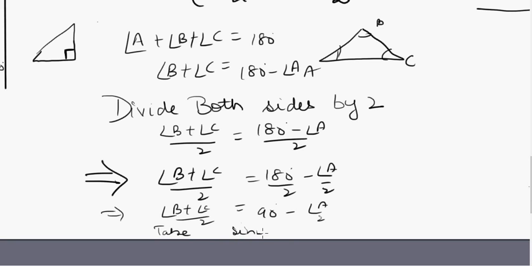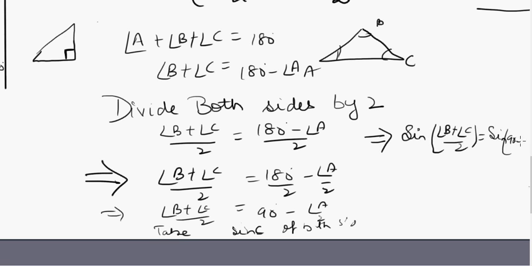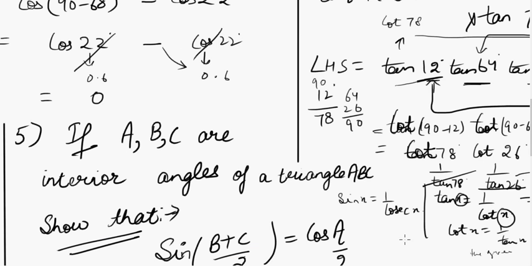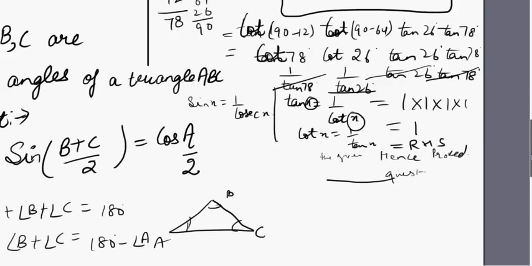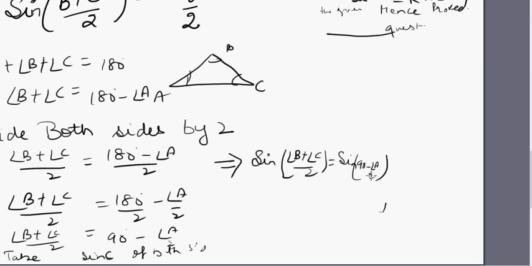Sine of both sides. We get sine of angle B plus angle C by 2 equals sine of 90 minus angle A over 2. So we know that sine of 90 minus x is cosine of x.